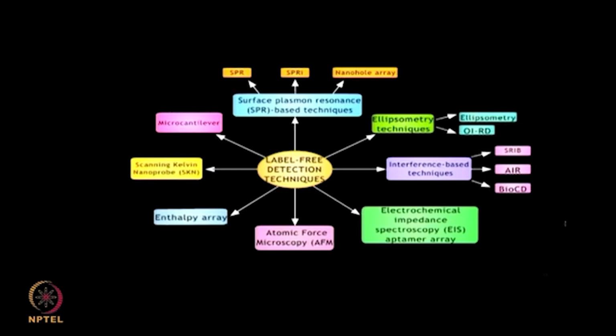Microcantilevers are thin silicon based gold coated surfaces that hang from a solid support. Bending of the cantilever due to surface adsorption is detected either electrically by metal oxide semiconductor field effect transistors or optically by changes in angle of reflection.